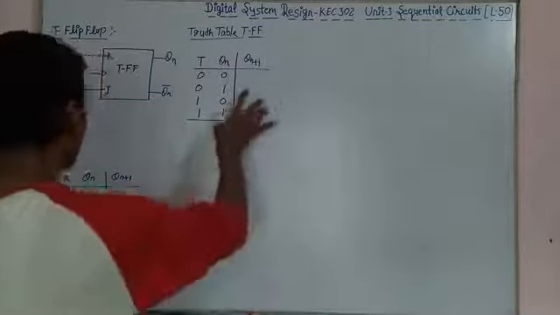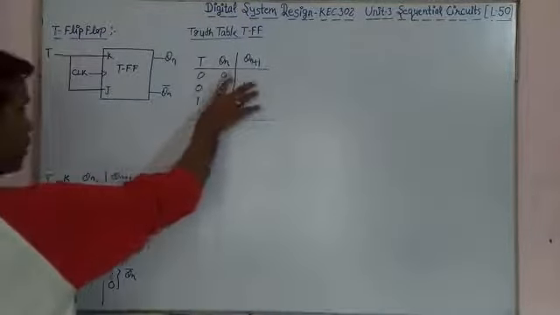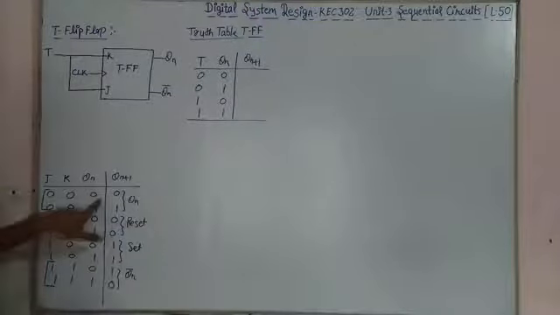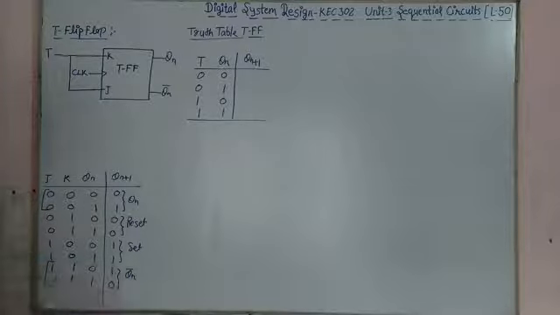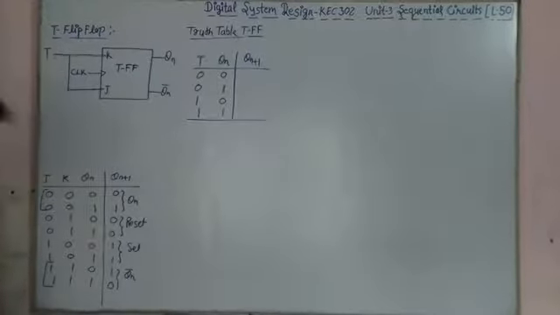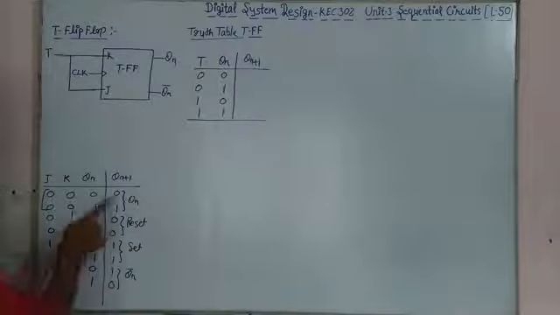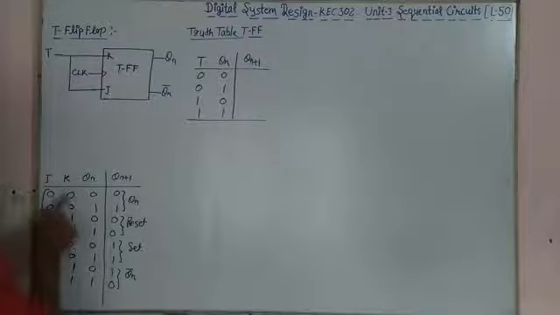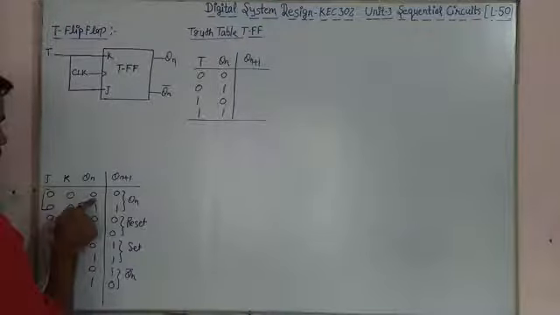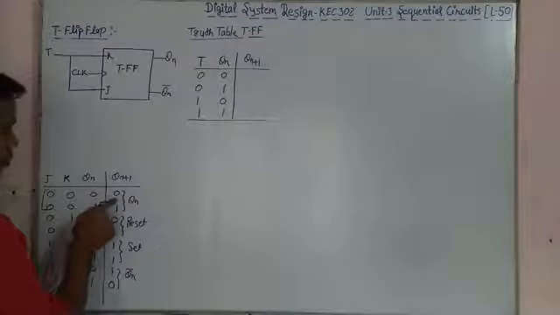For T equal to 0 and Qn equal to 0, the value of Qn plus 1 will be 0.